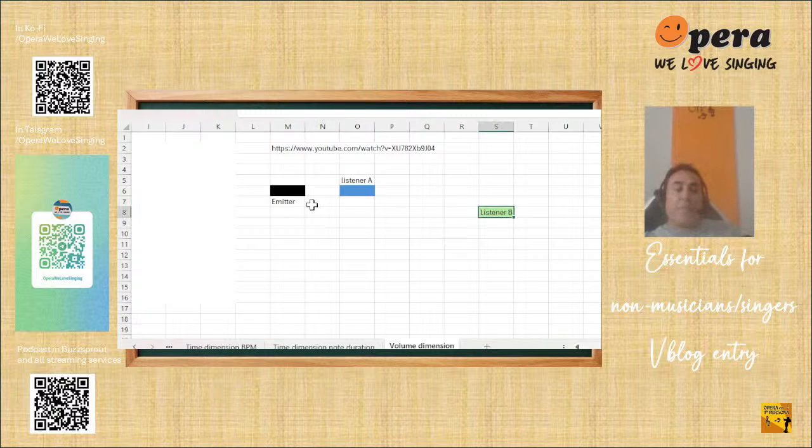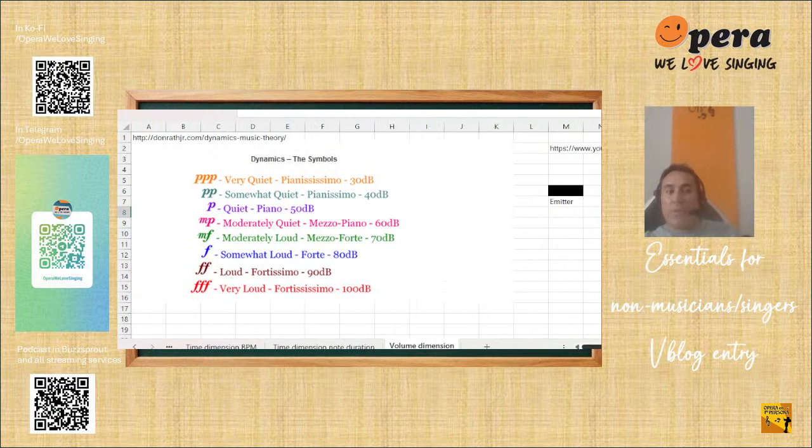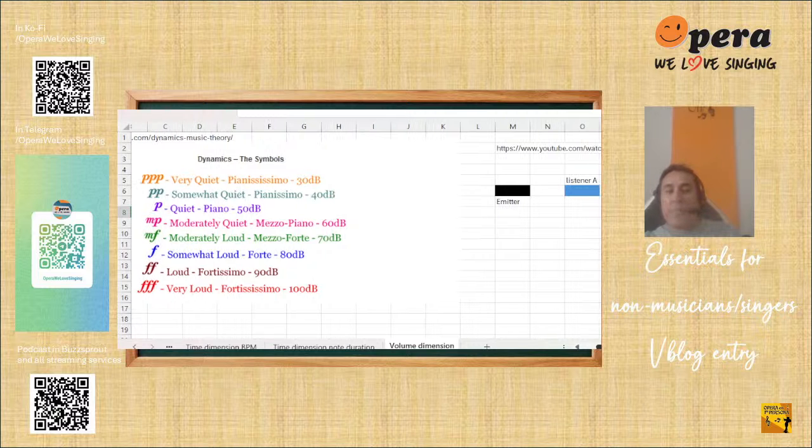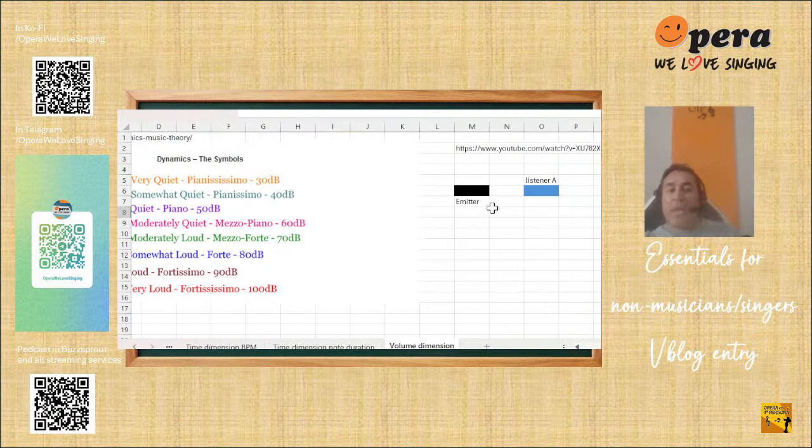What's going to happen? The distance between the emitter and the listener A is close. So he will perceive much more of that volume, of that amount of mechanical waves that are being produced. He's going to listen to it much stronger in volume because of the distance, and the listener B will perceive it at a much lighter sound because of the distance.